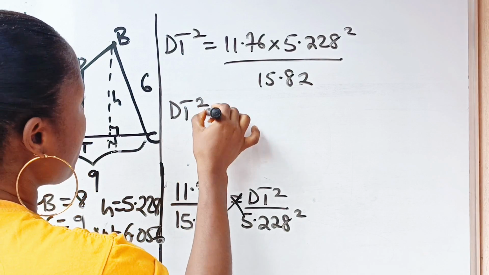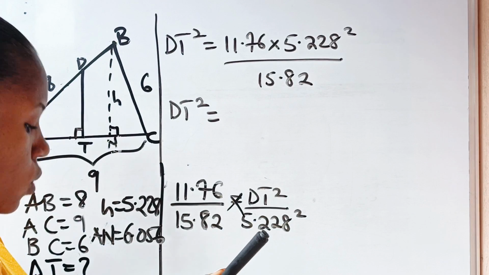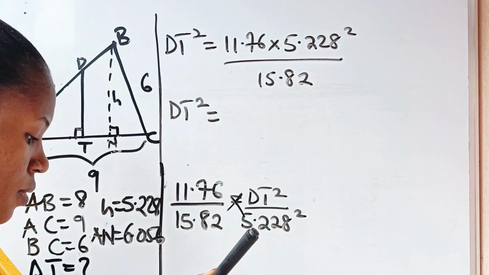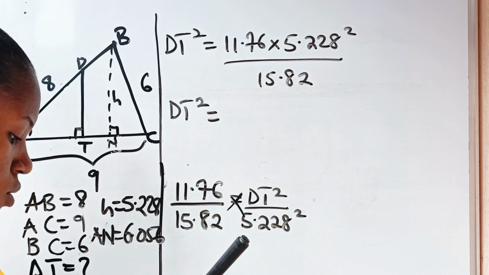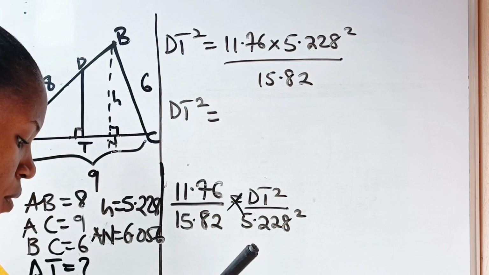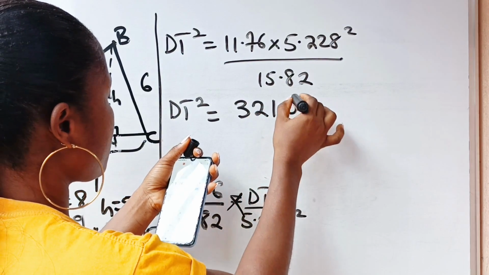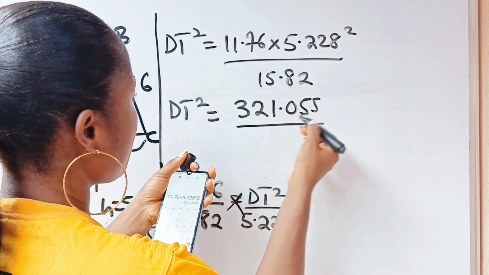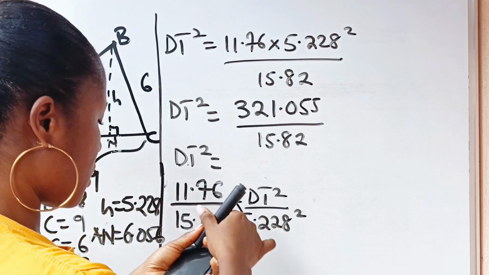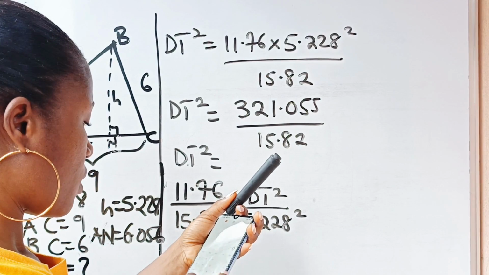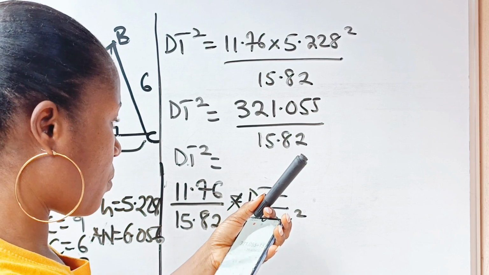So we have 11.76 multiplied by 5.228 raised to the power of 2, which is approximately 321.055, divided by 15.82.